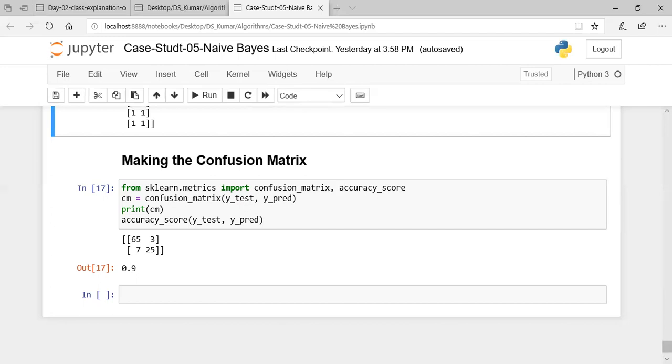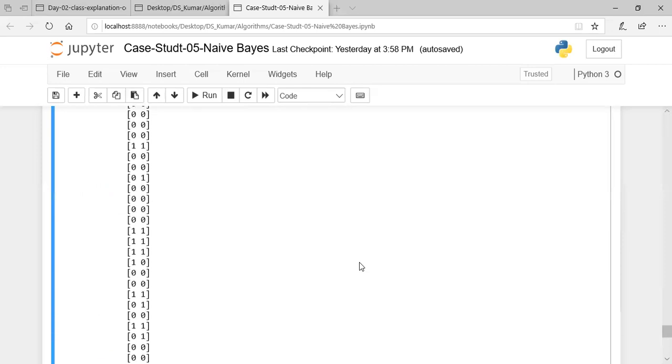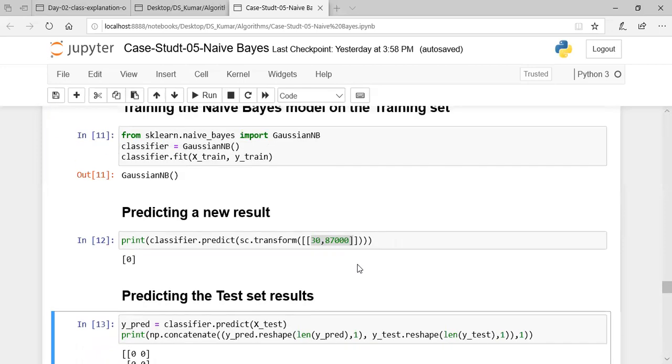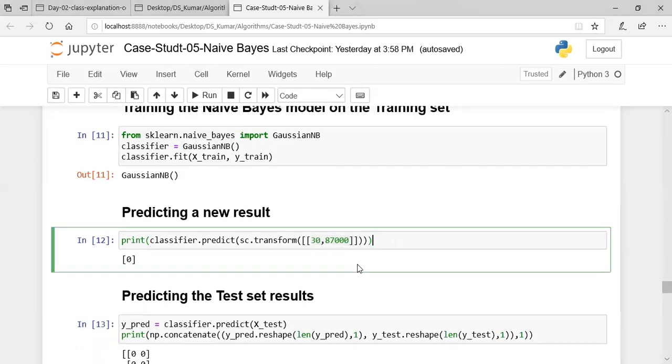So see how simple this is, but you need to observe one point. Unlike in the case of other things, we have done a little addition in a different way in the naive Bayes, whatever values we are having related to age and salary.